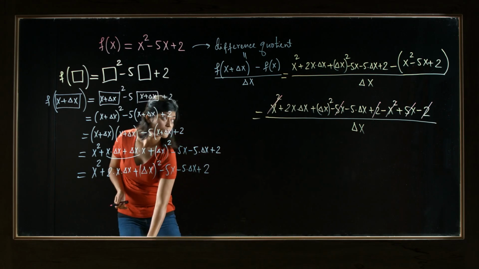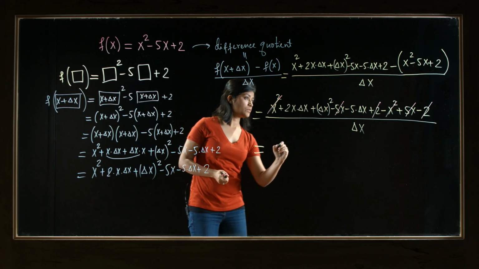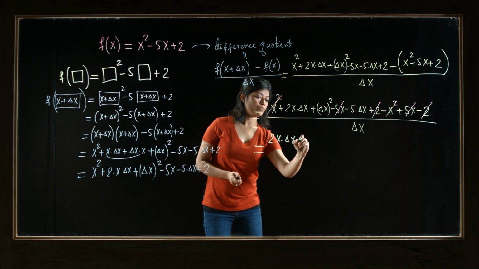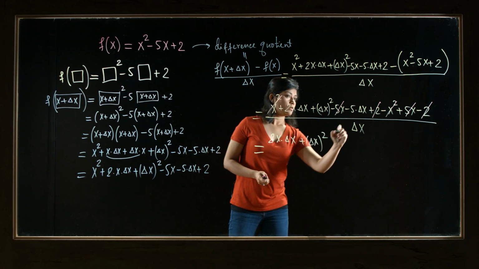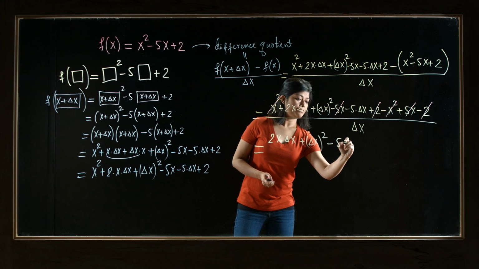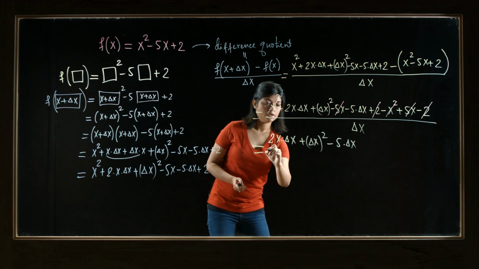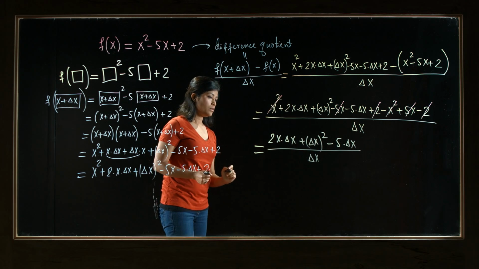Right? So we have 2x delta x plus delta x squared minus 5 delta x. That's it in the top, and the denominator is delta x.